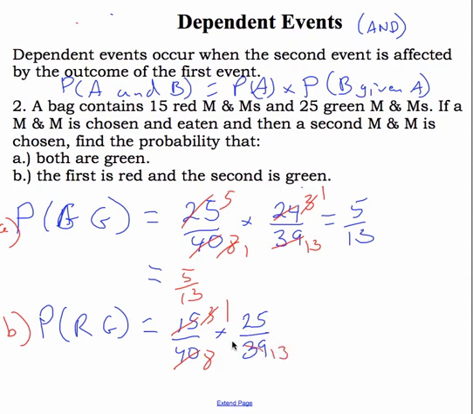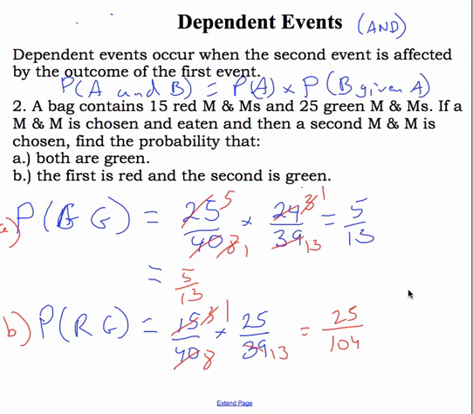You can't do any more simplifying, so you have to do 8 times 13. On the numerator I'm going to have 25. The denominator, 8 times 13 is 80 plus 24 is 104. Looks like about 25%.